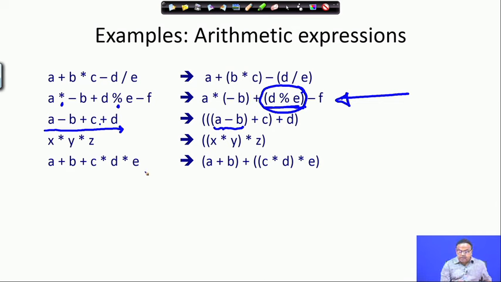Similarly, here normally this would be done first, then this, then the addition should have been done. But I have overridden that by saying that okay, first you do A plus B, then you multiply C and D, multiply by E, that is there anyway, and then you do the addition. But this is actually overriding the normal precedence.